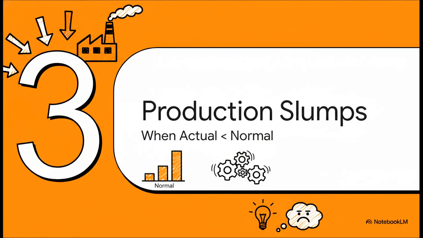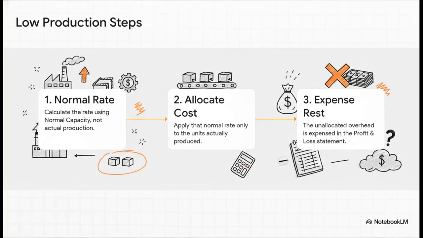All right, let's put this into practice. Let's look at a real-world scenario. First up, we'll tackle the most common situation. What happens when production takes a nosedive and the factory hits a slump? Okay, it's a pretty straightforward three-step process. First things first, we figure out our overhead rate. But, and this is key, we base it on our normal capacity, not the low number we actually hit.